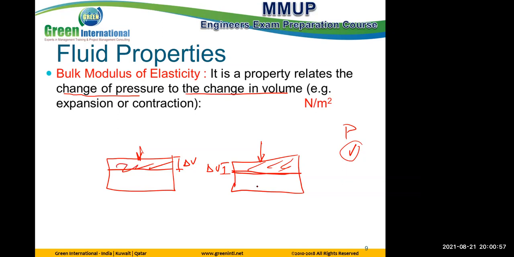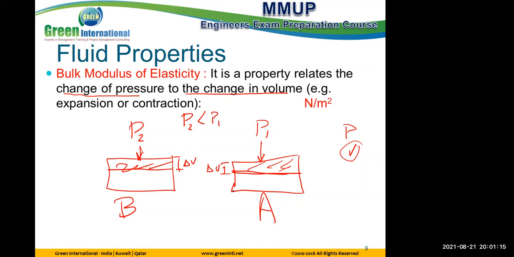But to make the same change of volume, we can call this one A and this one B. This one required P1 to make this change, but this one required P2 to make this change, and P2 is less than P1. So what does this mean? What do we conclude?